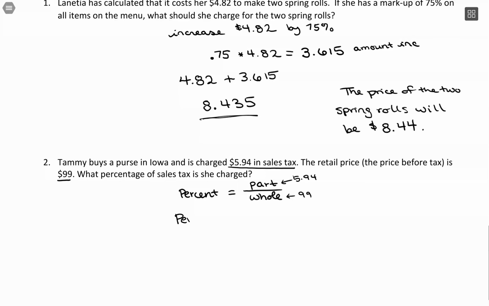So to see this percentage, we basically want to know what percent is that $5.94 out of that $99, so that's where we end up with this fraction. And that should be a 0.06. So there was 6% sales tax when she purchased the purse.